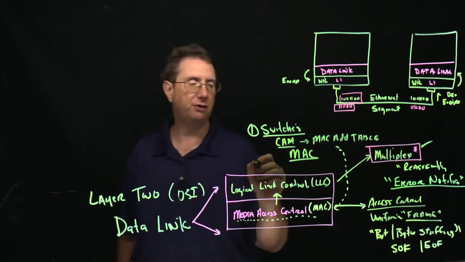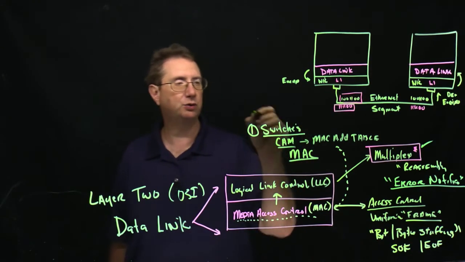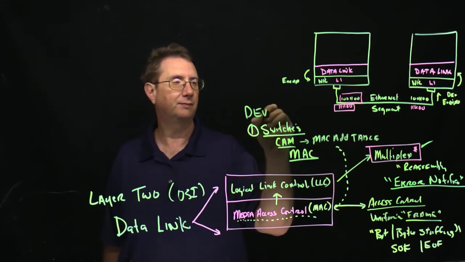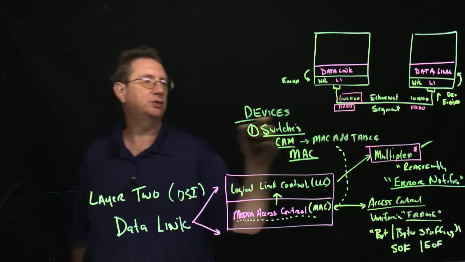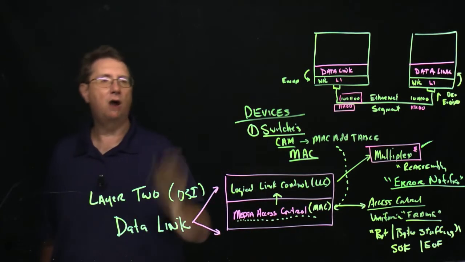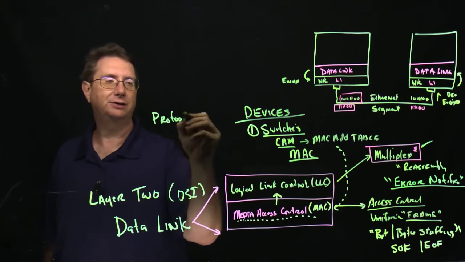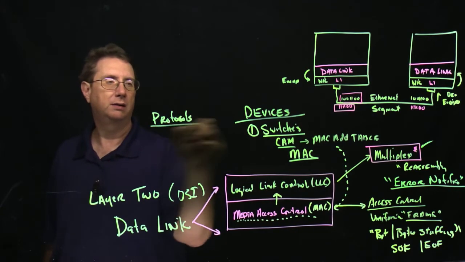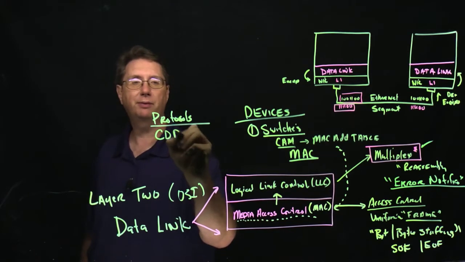Other components that operate here at layer 2 would be protocols. So as an example, this would be devices. Now, if I have switches that operate at layer 2, it's also important to note that I have protocols that operate at layer 2. As an example, some that you may have heard of is Cisco Discovery Protocol.